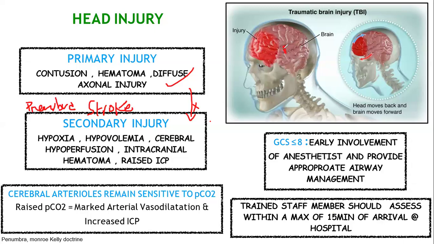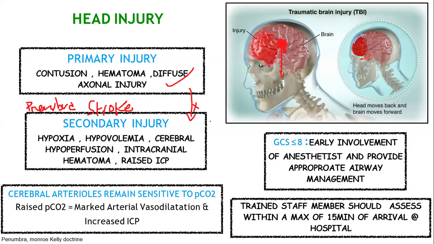And after the blockage, the distal area gets affected, gets ischemic and necrosed, and it can manifest as stroke. The area which is completely affected by low perfusion has necrosed. That is the core.